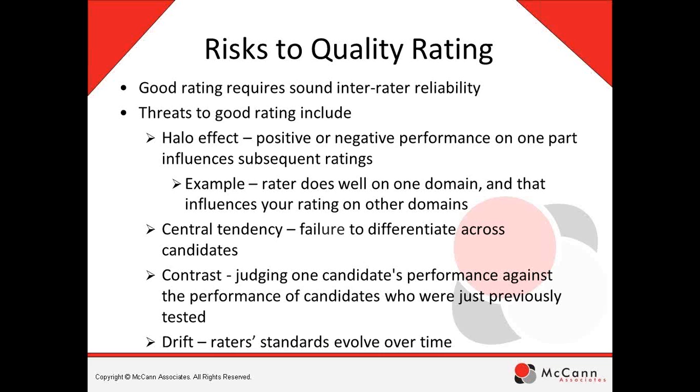The use of the anchored rating scales and the rater refresh meetings each rating cycle are meant to maintain good rater agreement. In addition, McCann regularly tracks and reports on rater performance each cycle, making sure that the raters perform consistently.